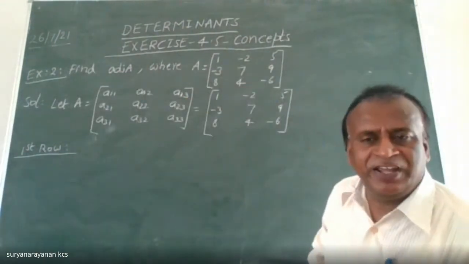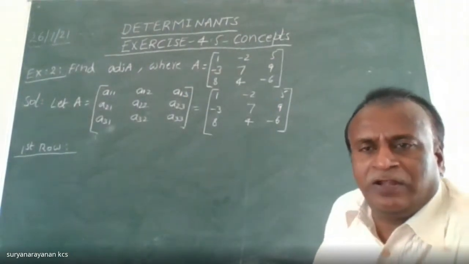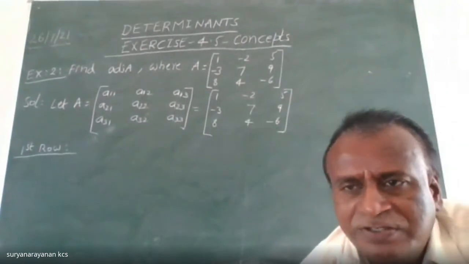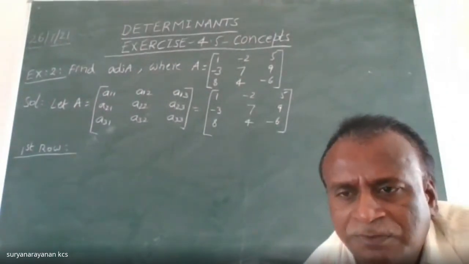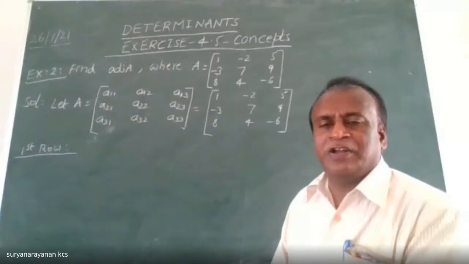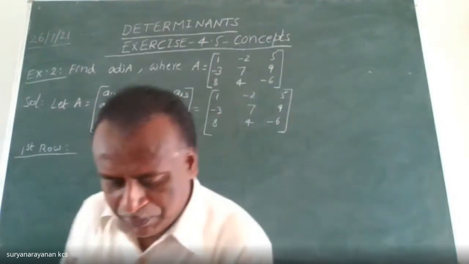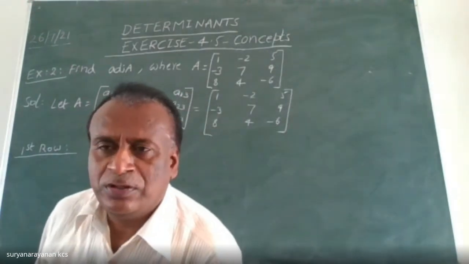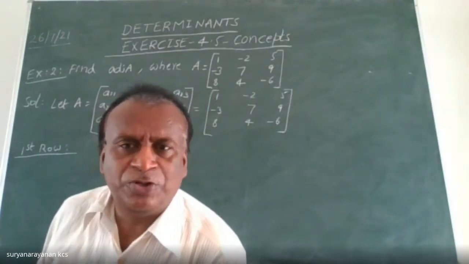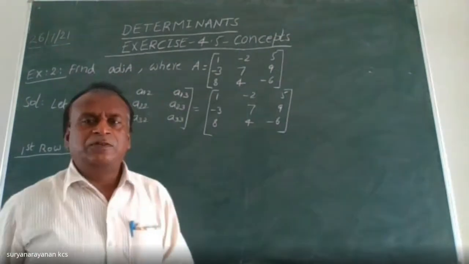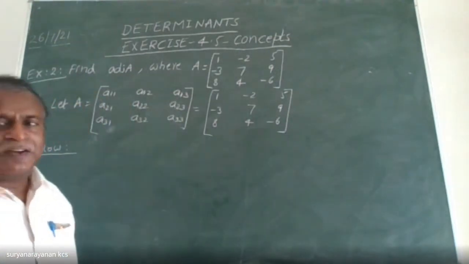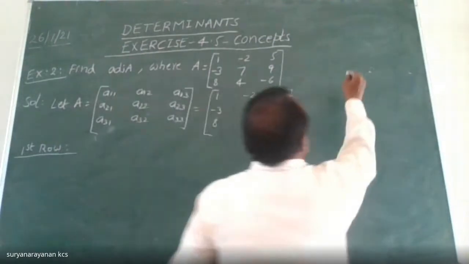When you are finding cofactors, what should be written first in the rough work? Sign matrix, sir. Yes, very good. Sign matrix is a very, very important, very useful tool for finding cofactors.